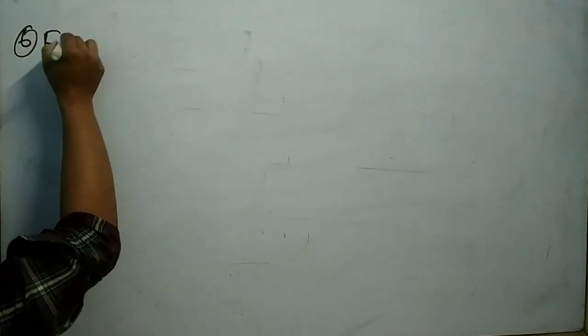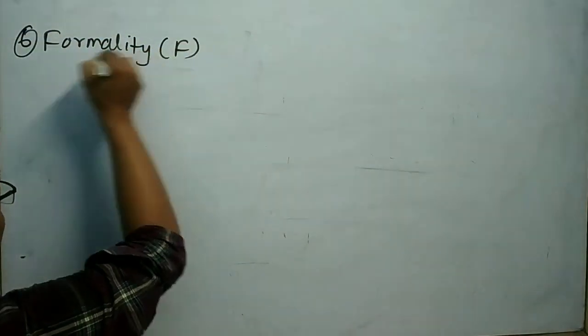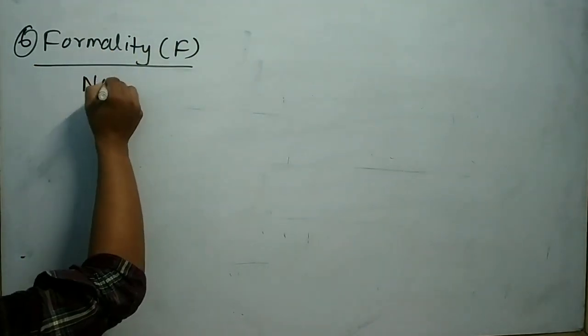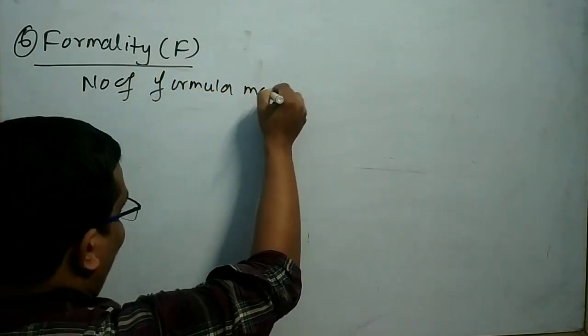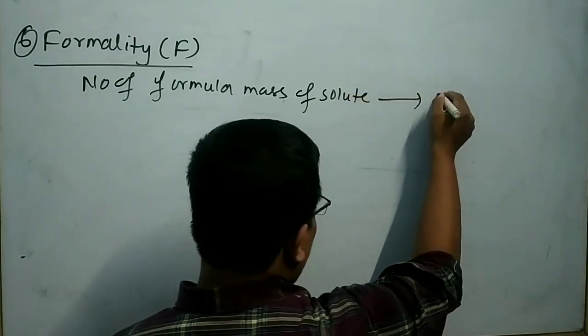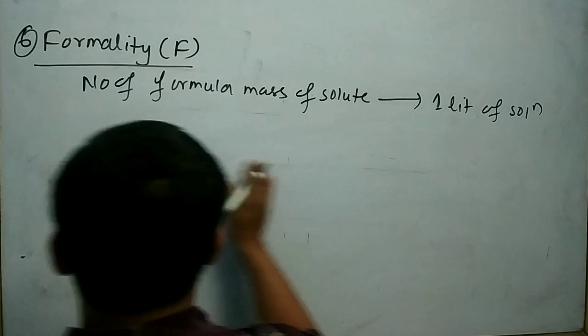Next is formality. This is denoted by capital F. Formality means the number of formula mass of solute present in 1 liter of solution.